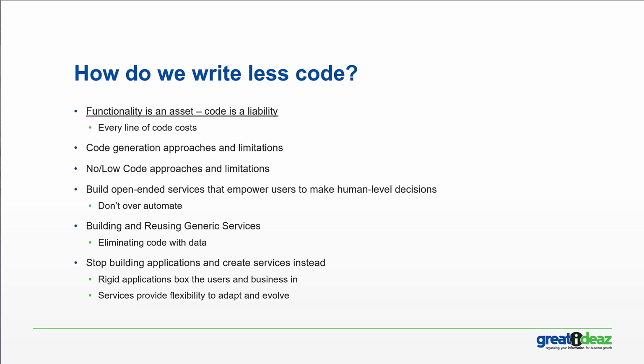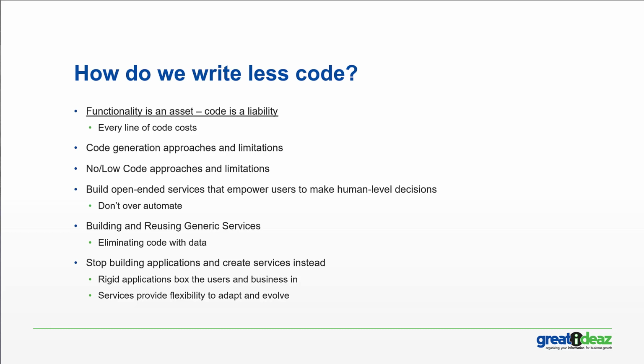The other thing to do when we're writing less code is to build and reuse generic services. So essentially what we're talking about here is providing, let's say, one service that sends emails. Right? So instead of having 10 different applications with 10 different services that all basically send emails, let's just have one service that sends emails and then be able to reuse that service across multiple applications and solutions. And one thing that we need to have a look at when we're building these generic services is, again, how do we eliminate code and replace it with configuration data instead?